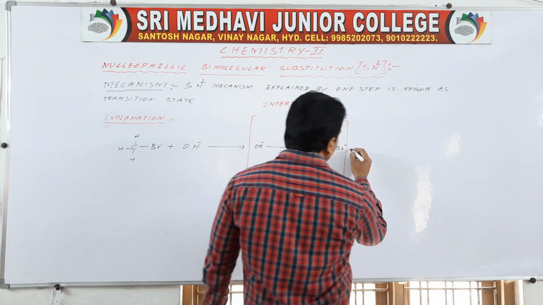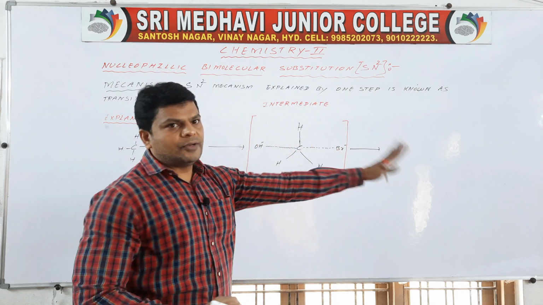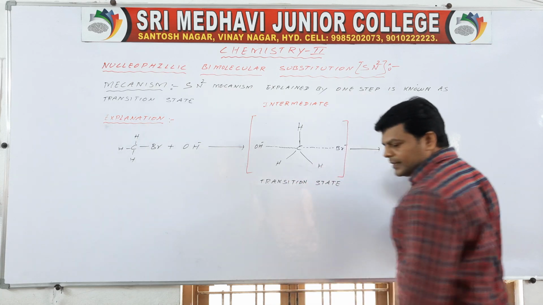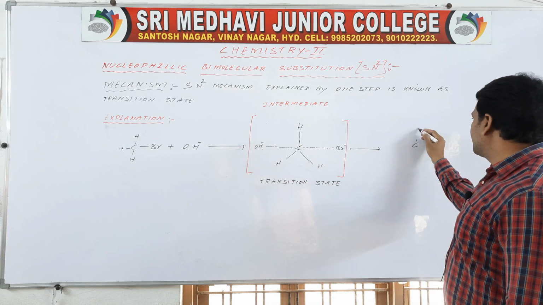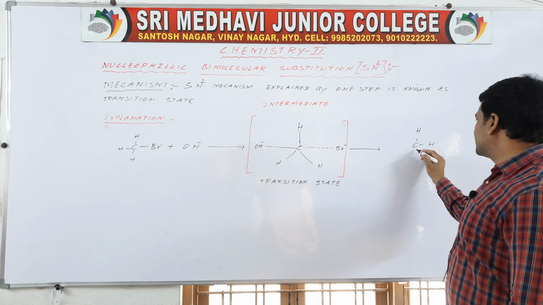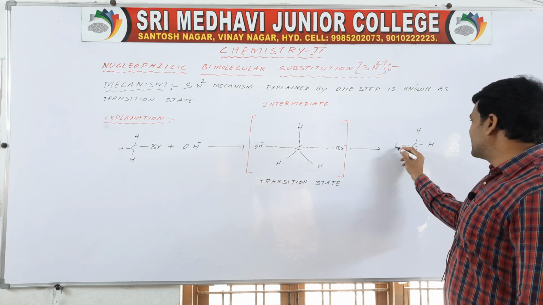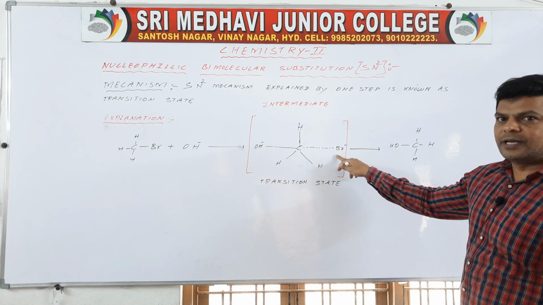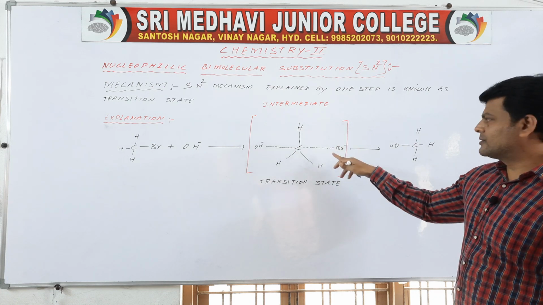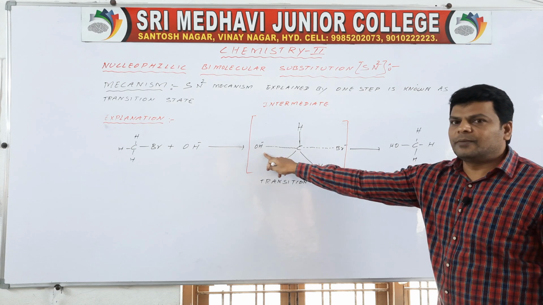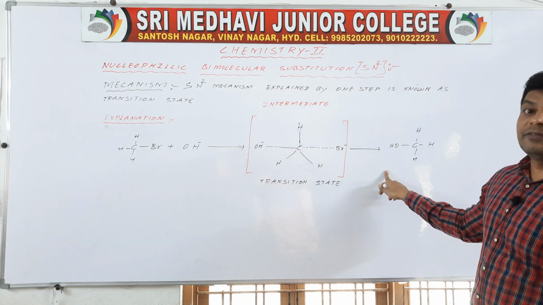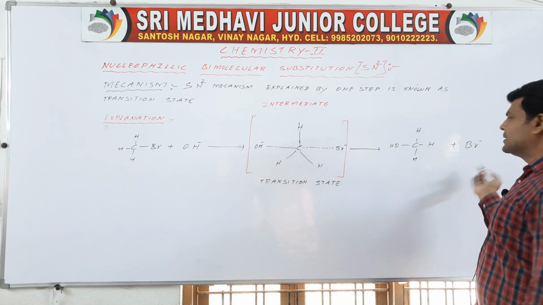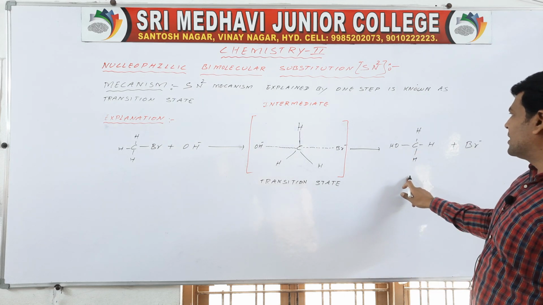Then what happened? Br minus cleaves and OH attacks. Means C single bond H, three H, and here OH is formed. Why? Because on the front side the Br minus is there, so there is no chance to attack from the front side. So it attacks only from the back side. That's why it forms the inversion compound plus Br minus. So this is methyl alcohol.